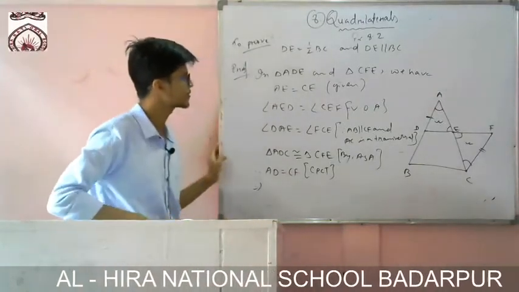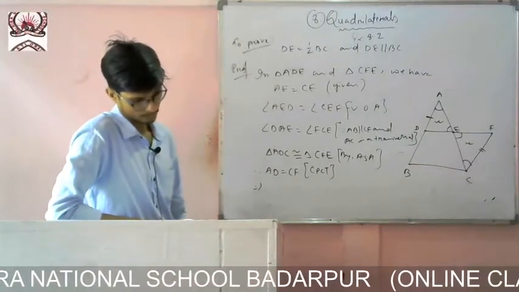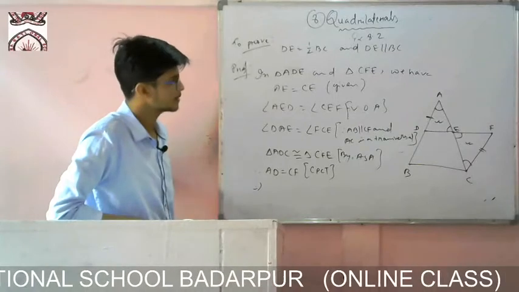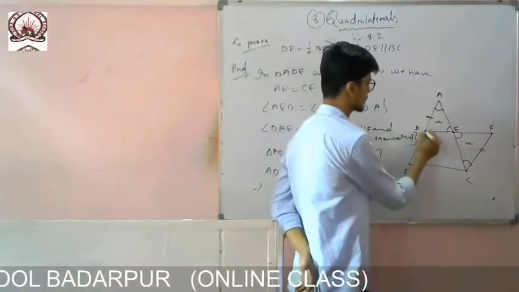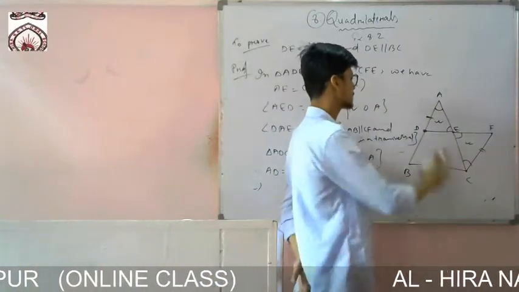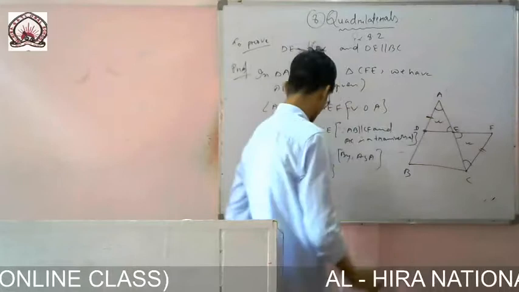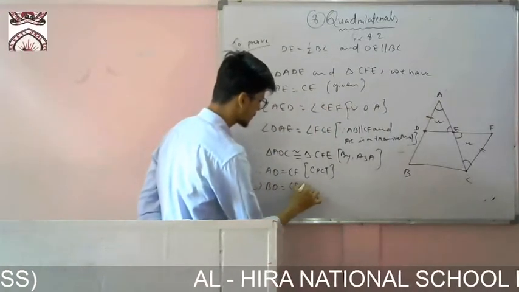And one thing you see, what is given is that D is the midpoint of this side AB, that means AD is equal to BD. So in place of AD I can write BD equals CF.